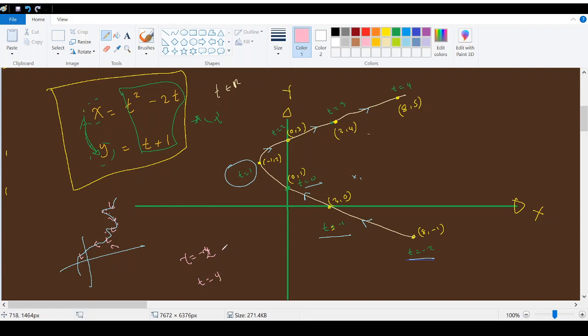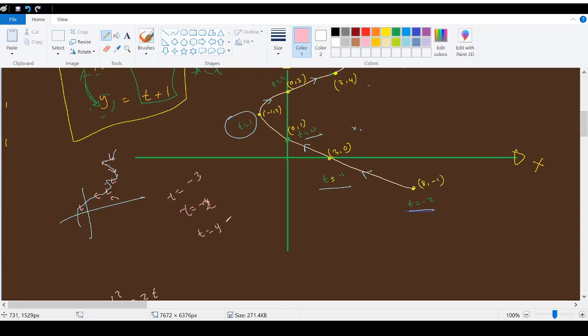But we could have started at t equals -3, and we could have run this simulation up to a number like this, right? So we have the authority to restrict the t in whatever way we prefer, right?